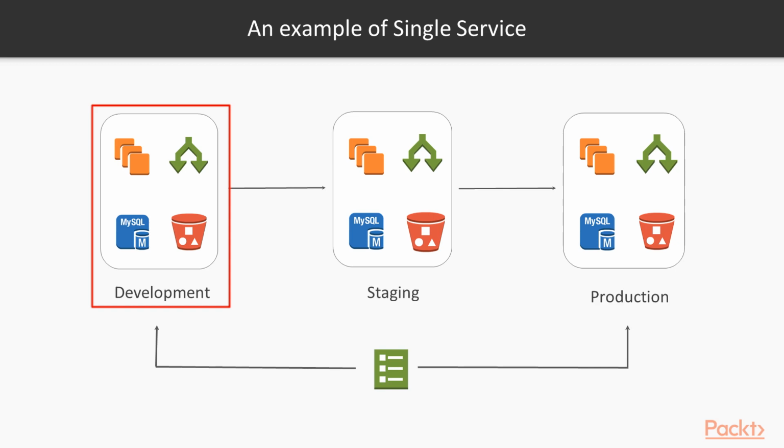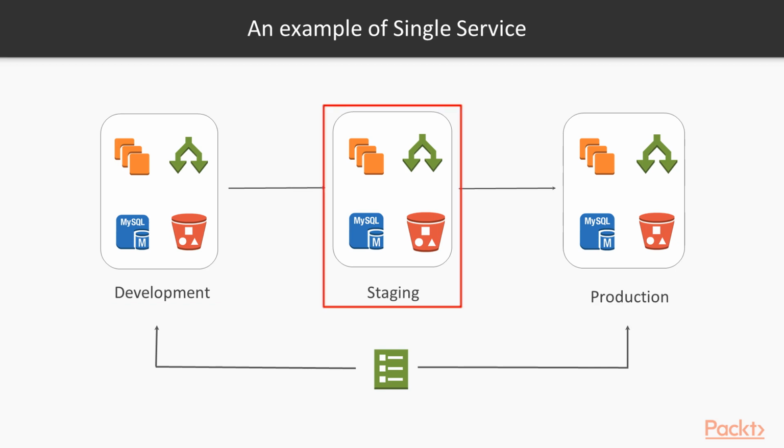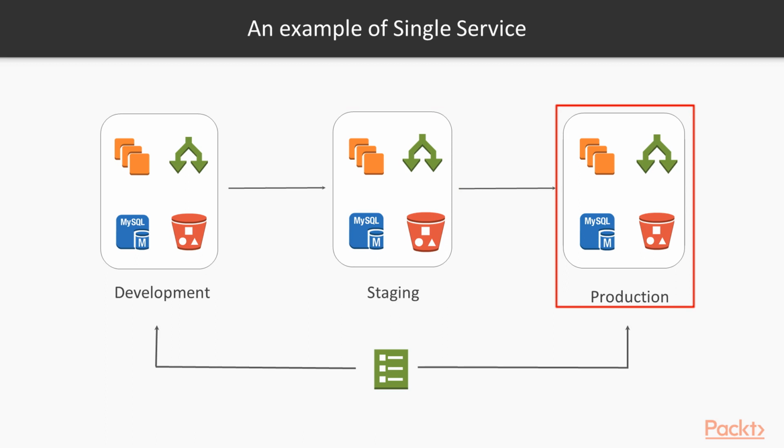Once this environment is built in development, definitely there will be a need in the future that a similar replica should be built in the staging environment as well. After the staging environment is tested and everything is working fine, again the requirement will come where you have to build a similar replica environment in production as well.